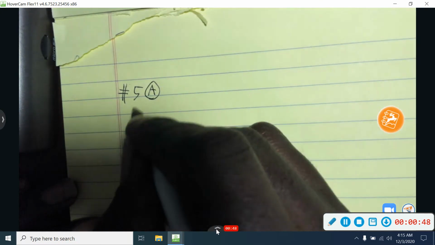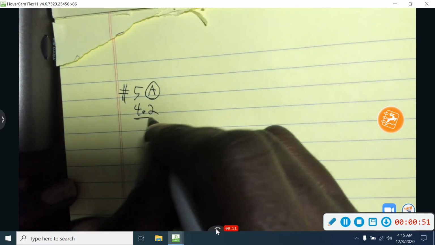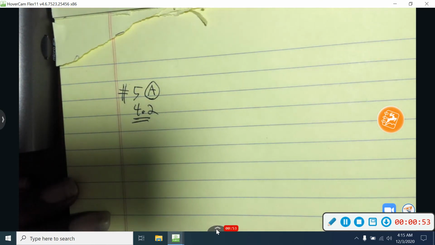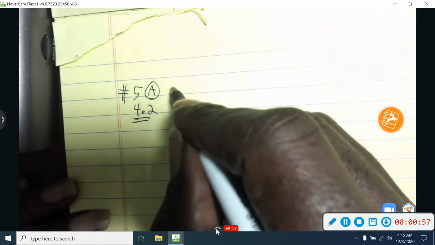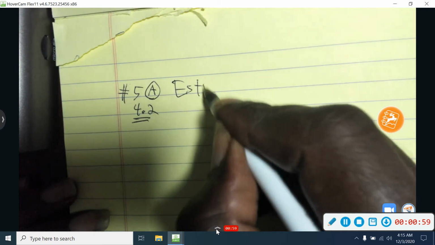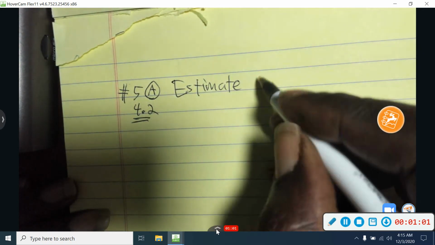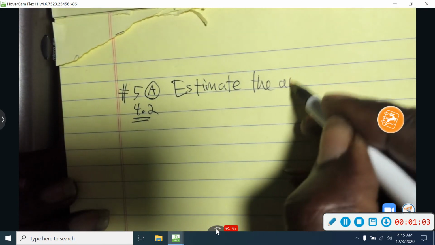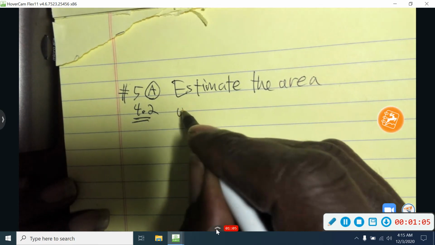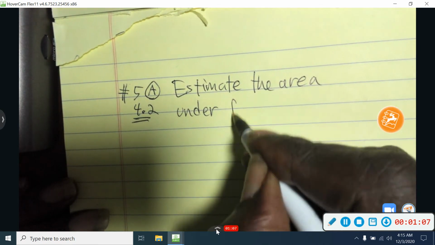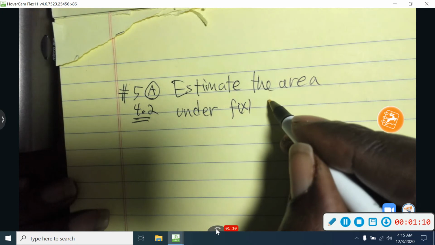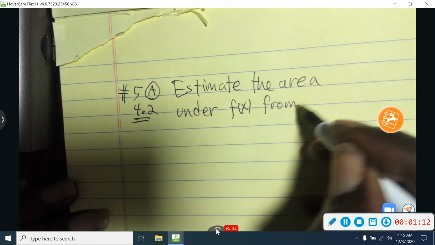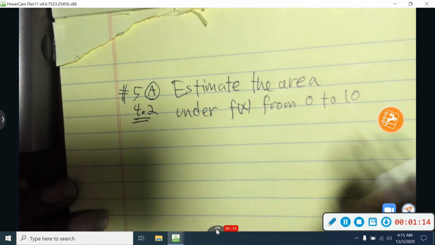So this is number 5. Let's do A in 4.2. Okay? It says, estimate the area, you could say it this way, under f of x from 0 to 10.